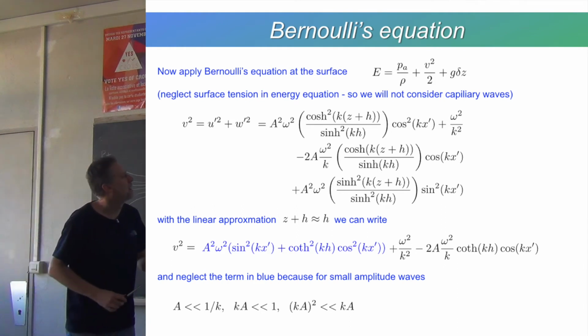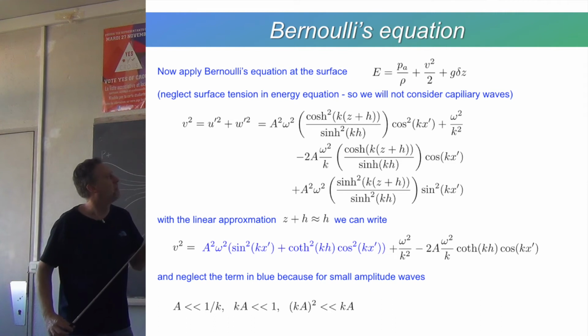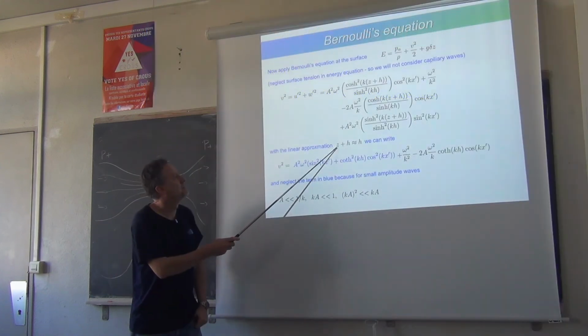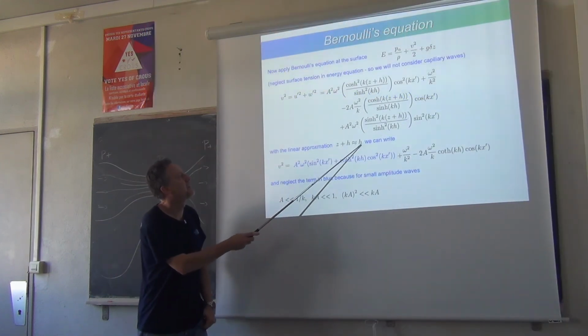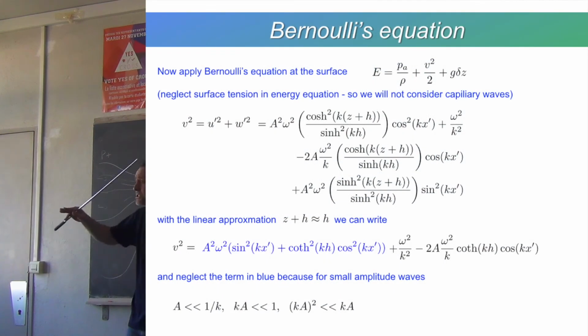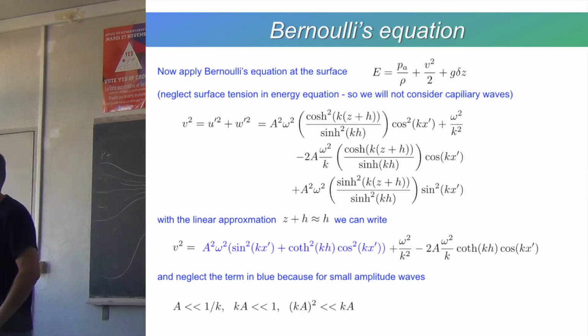So here's an approximation we're going to make. We're going to say that z plus h is approximately equal to h. We can say that because we're at the surface, so z is just delta z. It's quite small, right?